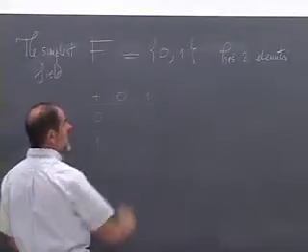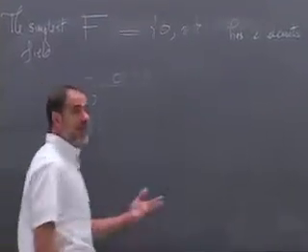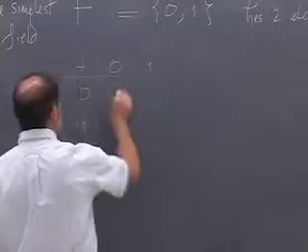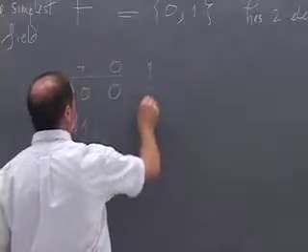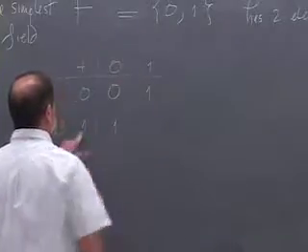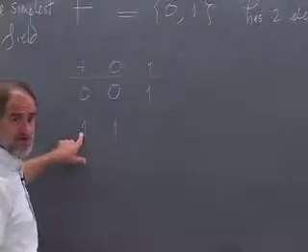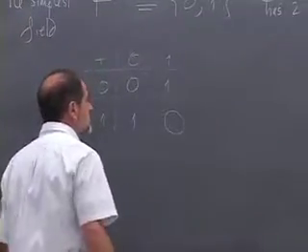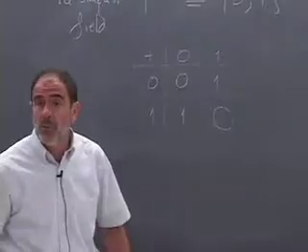When you add 0 to anything, you have to get itself. That's part of 0 being the identity element for addition, right? So 0 plus 0 is 0, 0 plus 1 is 1. All I have to tell you is what 1 plus 1 is. We'll call 1 plus 1 0. That's my definition of what 1 plus 1 is.